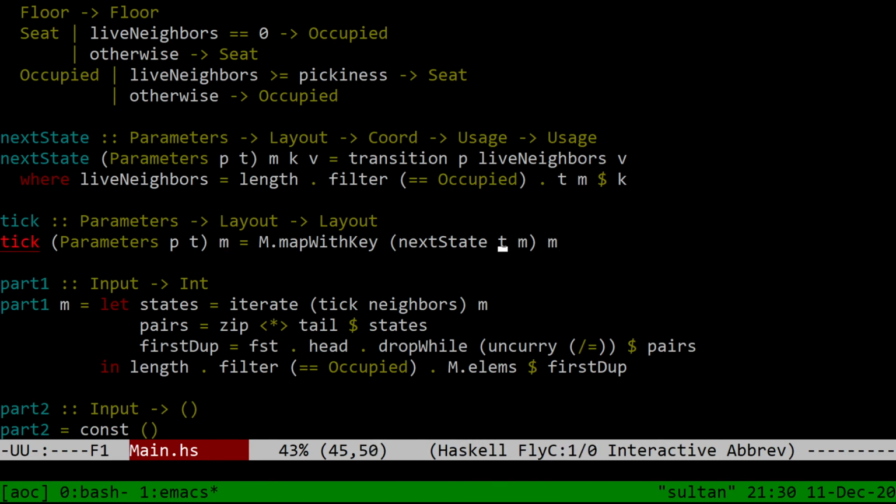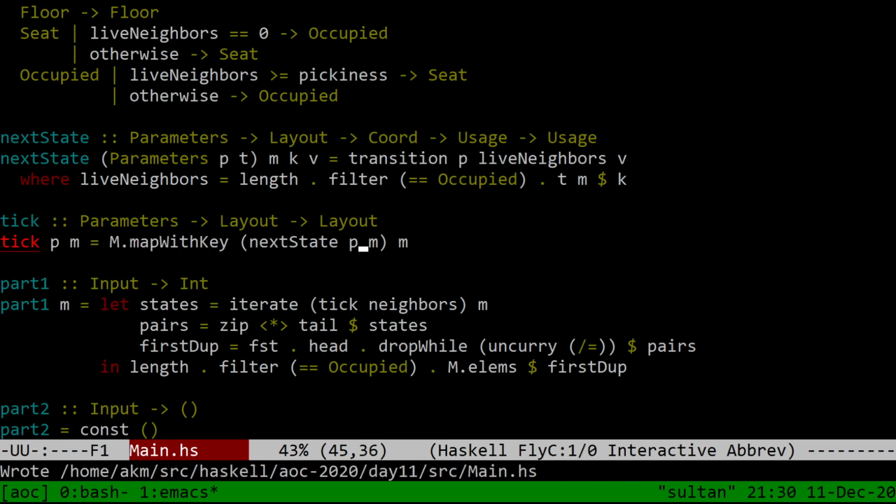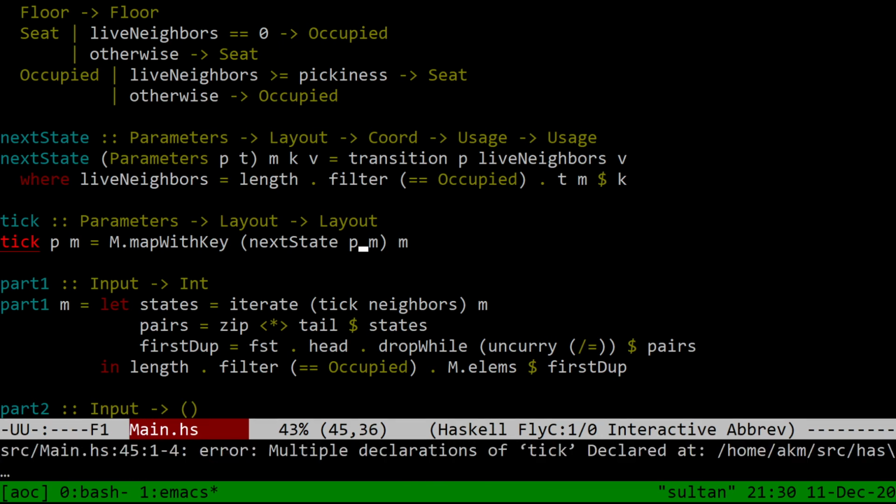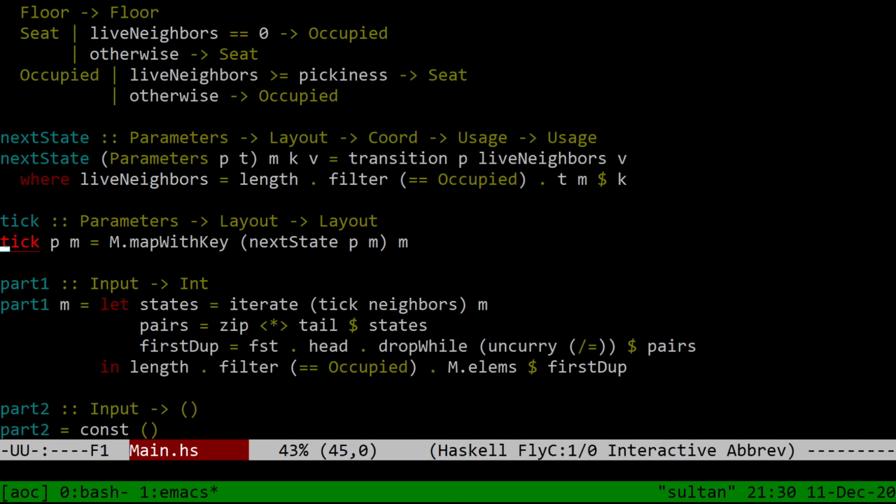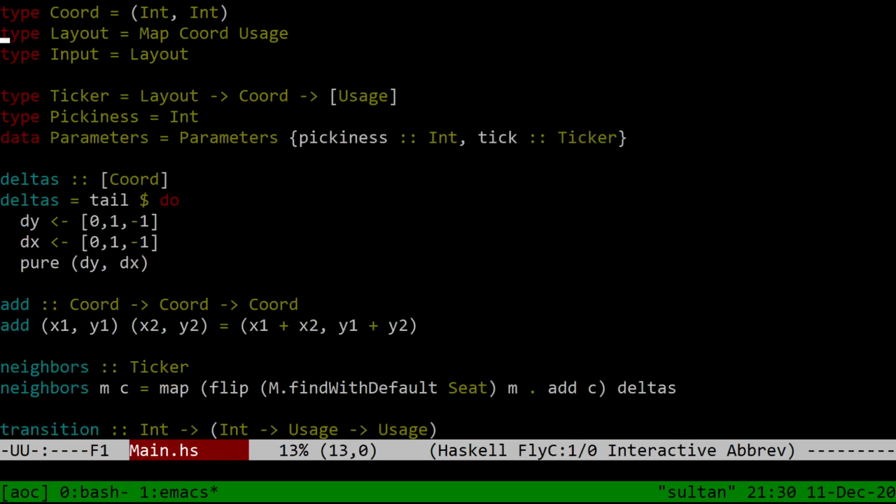Actually, I don't need the destructor here. I can just call it P. There you go. Why did this not compile? Multiple definitions of tick? Ah, I see.